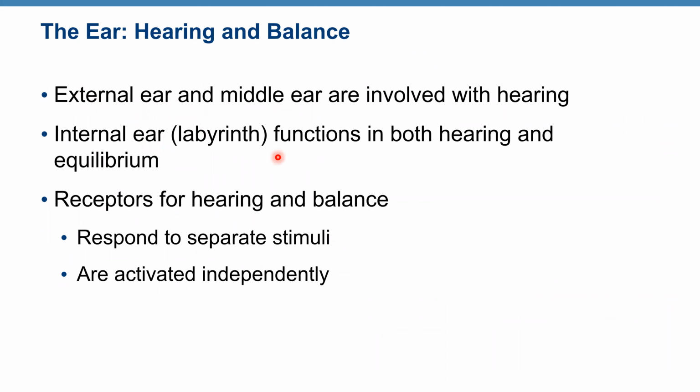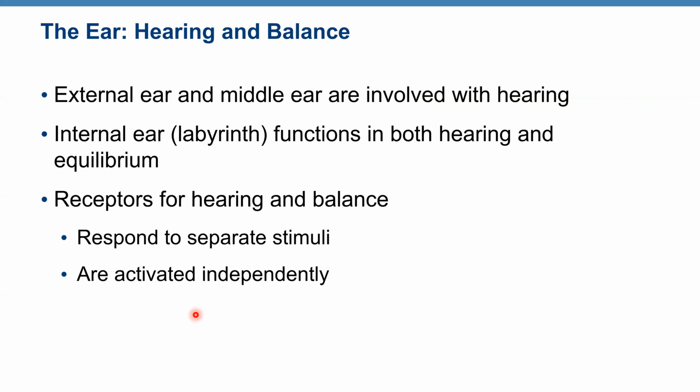So receptors for hearing and equilibrium and balance respond to separate stimuli and activate independently. Well, right, it does make sense. So you have your external and middle ear only for hearing, but in your internal ear, you have receptors for both, for sound and for equilibrium of your body.